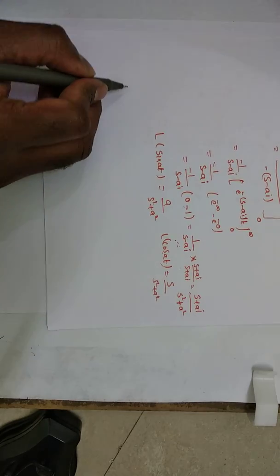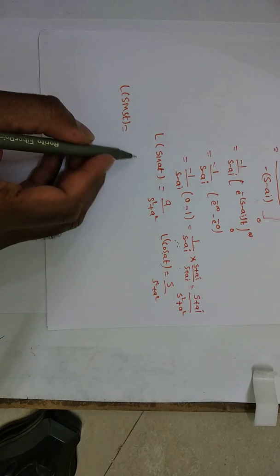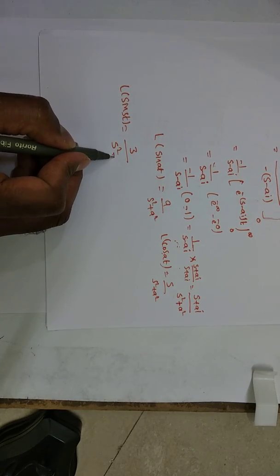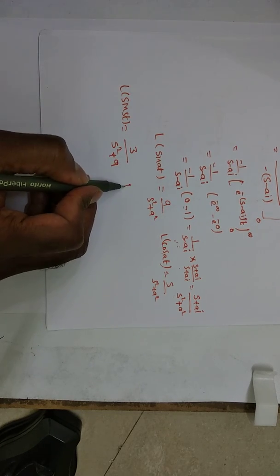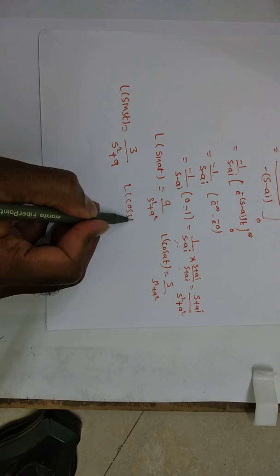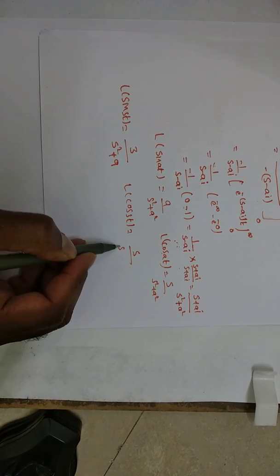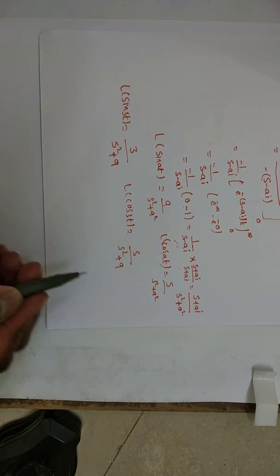Now we will discuss L of sin(3t). Sin means a by s square plus a square, where a square means 3 square. Suppose L of cos(3t), if they are asking, cos means s by s square plus a square, where a square means 9.